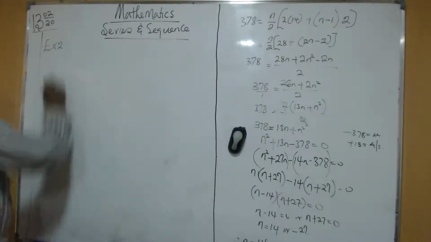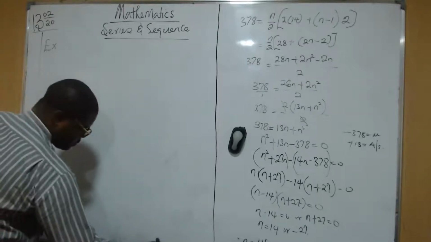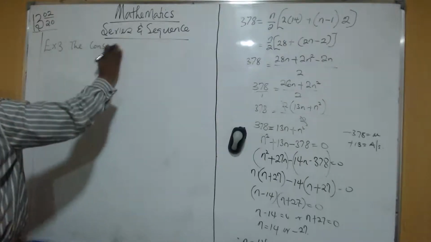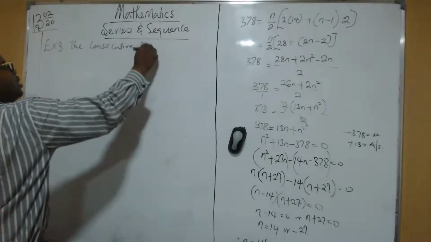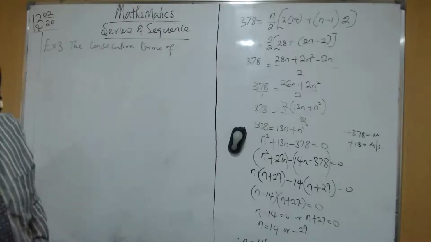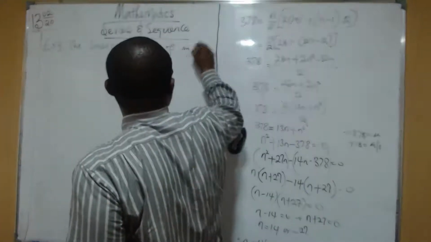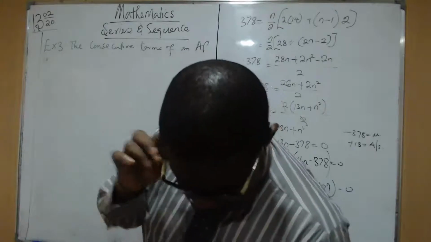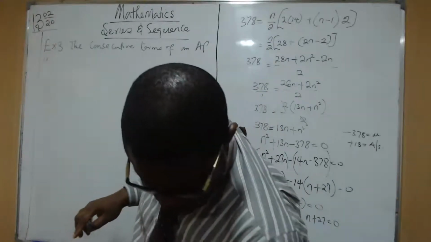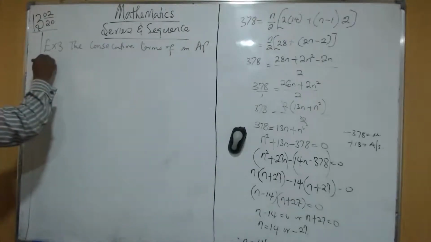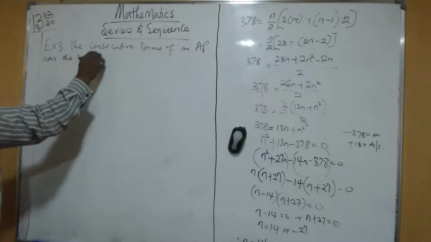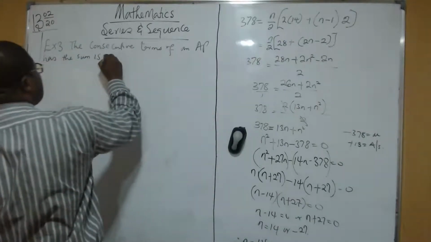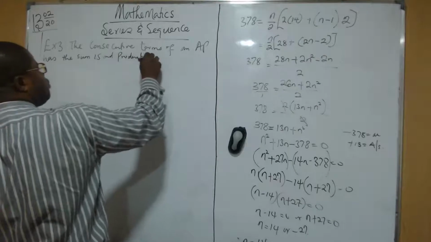The third one says the consecutive terms of an AP have the sum 15 and product 80.